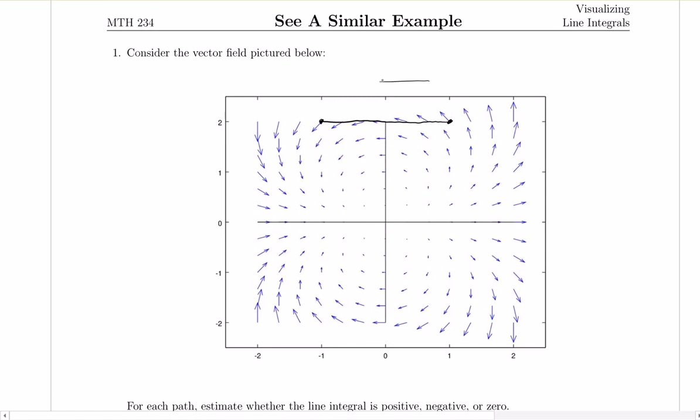So we're going this way along that line segment. Okay, so what I'll do in this video is I'll try to color the path green when the vector field points in the same direction as the velocity of the curve, and red if it points opposite.